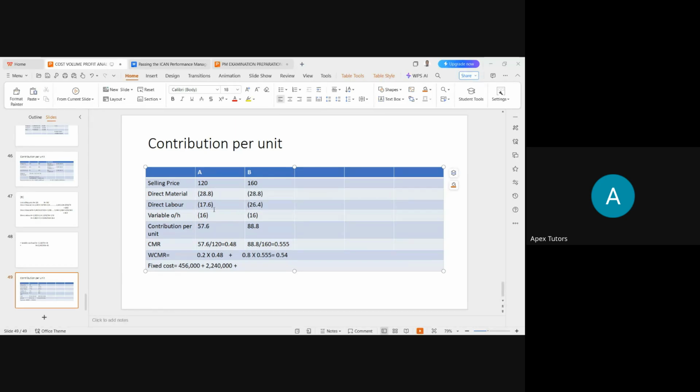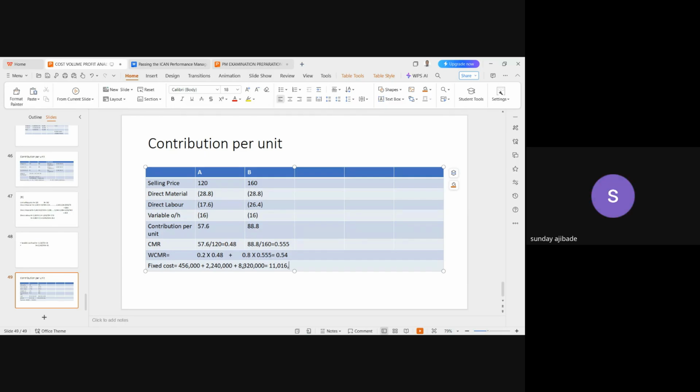The addition is the advertising expense, which is 456,000. So 456,000 plus 2,240,000 plus 8,320,000. The total will be 11,016,000.